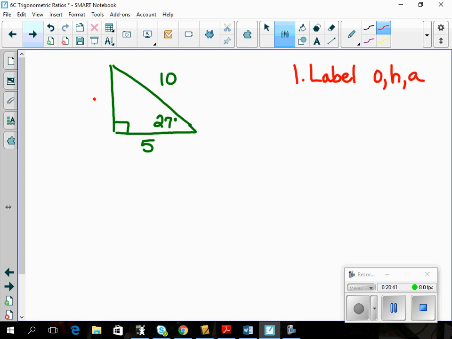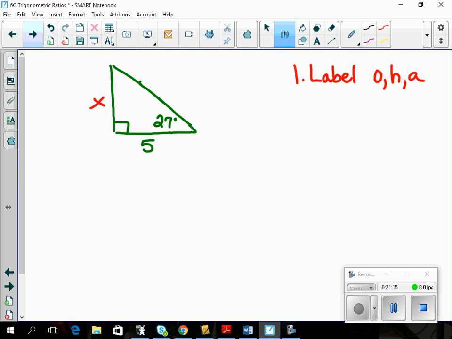Actually, let's redo this and solve for this side as x. So don't worry about the 10. We only want to label an x and the 5 right now as O, H, or A. Since the hypotenuse is not labeled with anything, I'm not going to deal with it right now.